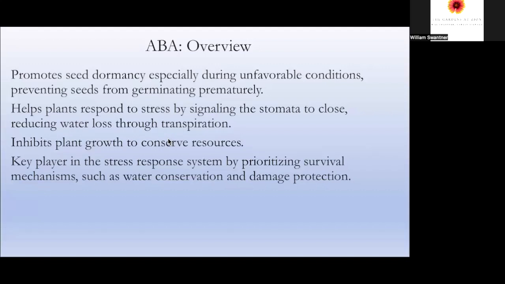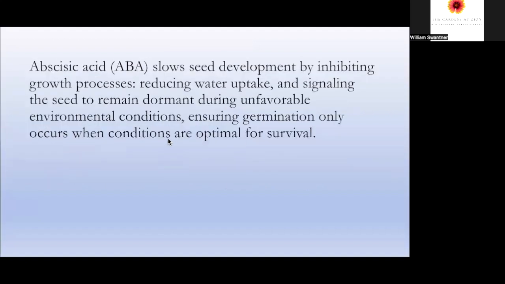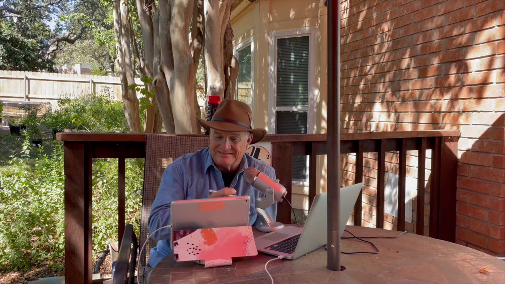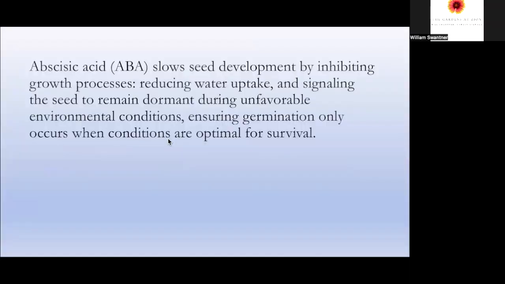Abscisic acid slows seed development by inhibiting the growth processes. It reduces, fascinating process, if you look at seeds imbibe water. What abscisic acid does is it reduces the water intake, signaling the seed to remain dormant under unfavorable conditions.